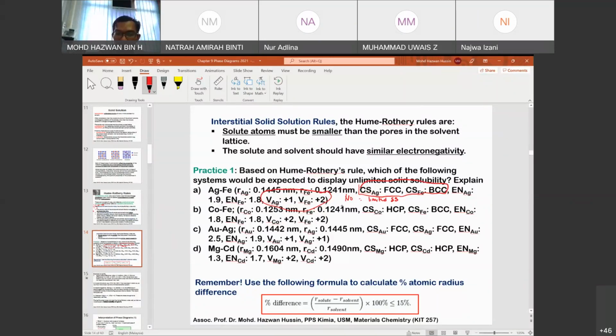Valency for silver is +1, and valency for iron is +2. Nevertheless, the difference in atomic radius is still less than 15%, and the electronegativity is still almost similar. But looking into the priority rules, it displays limited solid solubility.